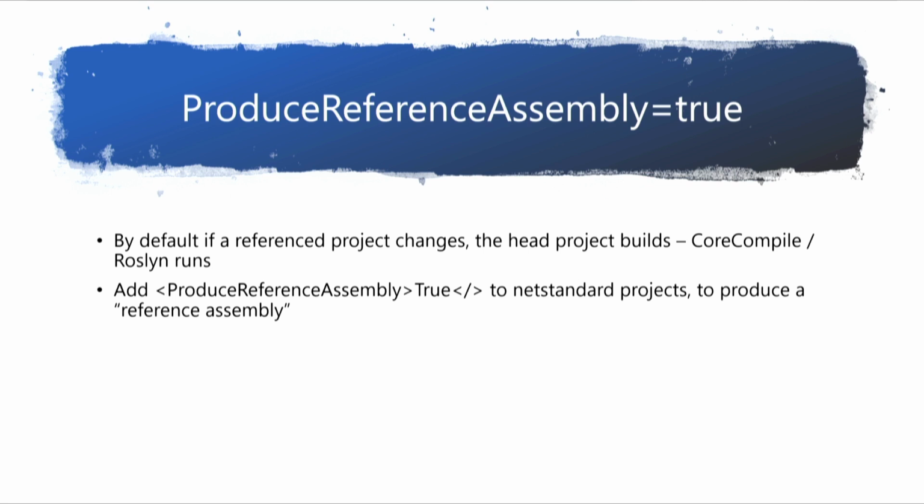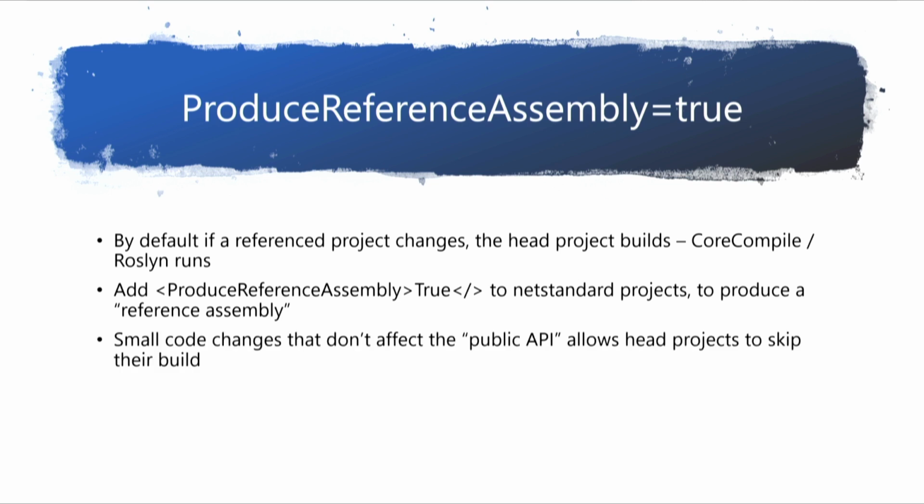And what this does is, on the first build, you'll get this reference assembly, which is all the public APIs of your .NET Standard project. It's just sitting there in your bin directory. So your assembly is foo.dll. There'll be a ref folder, and in there you'll see a foo.dll that does not have any code in it. It just has the shape of what your types are in that assembly.